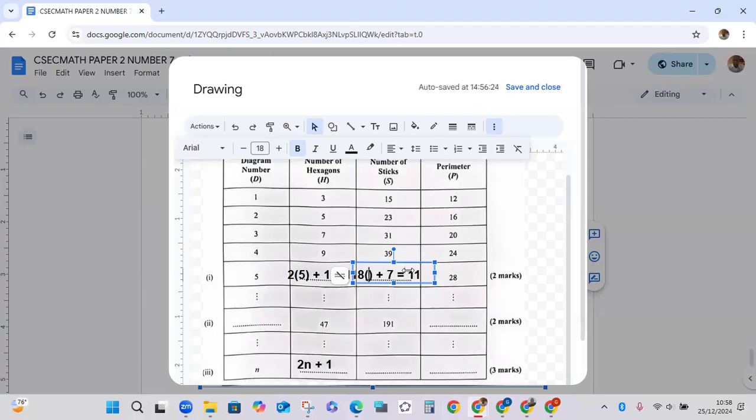So let's test it. 8 1s are 8, plus 7 will give us 15. 8 2s are 16, plus 7 will give us 23. 8 3s are 24, plus 7 will give us 31. 8 4s are 32, plus 7 will give us 39. So 8 5s are 40, plus 7 will give us 47.